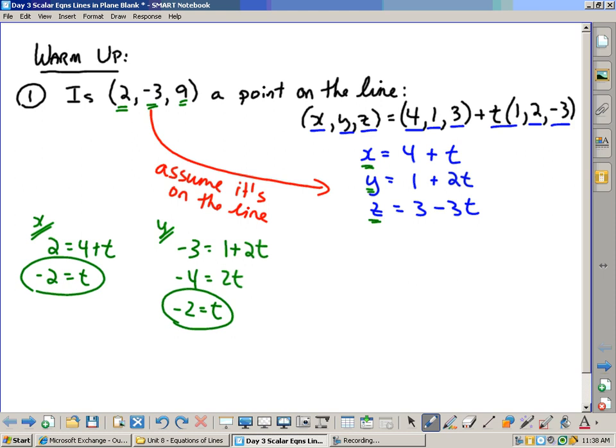If the value for t is different, then there isn't a single value for t that will get me these three numbers. So let's do the test with 9 in the z. 9 minus 3 is 6, and lo and behold, it does work. And since we have the same t, the point must be on the line.